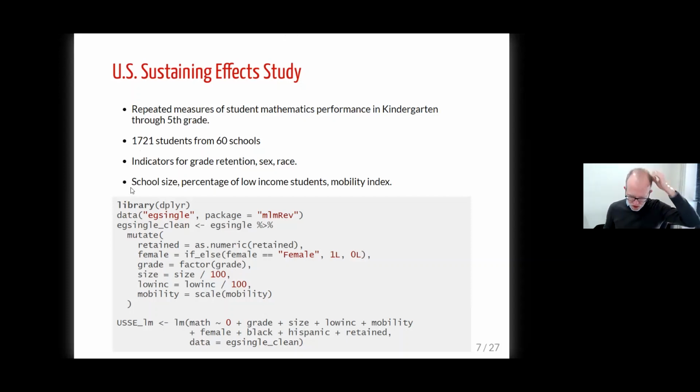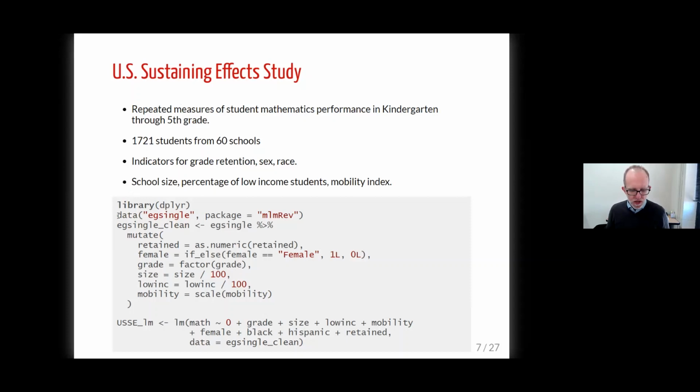Along with the usual student demographic characteristic predictors, this data also has information on the size of the school, the percentage of low-income students in the school, and an index that describes how mobile students in the school are, how much they move around from home to home.